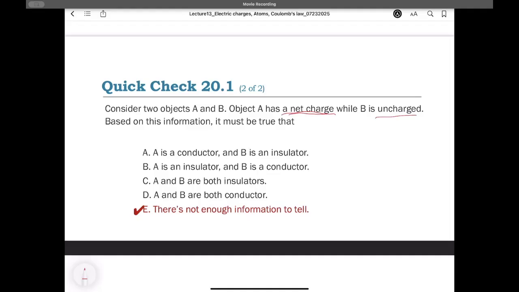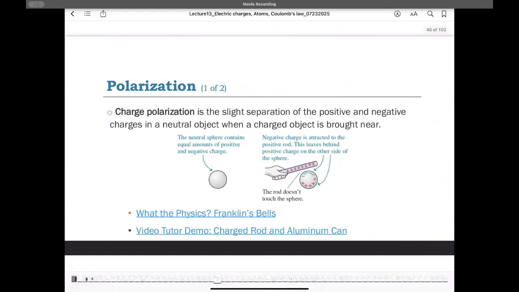Okay, let's talk about polarization. Charge polarization is the slight separation of the positive and negative charges in a neutral object when a charged object is brought near. You can see the neutral sphere contains equal amounts of positive and negative charge.